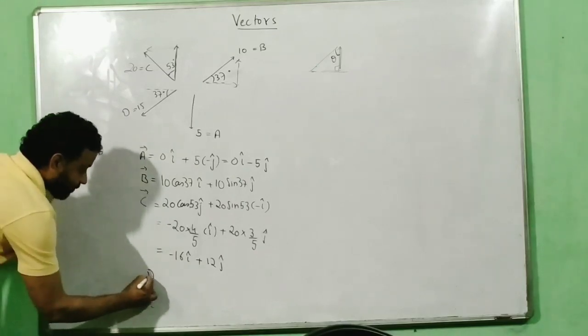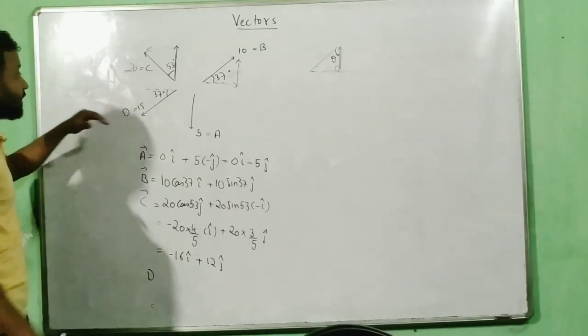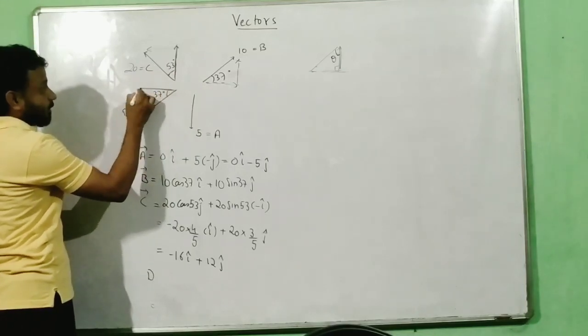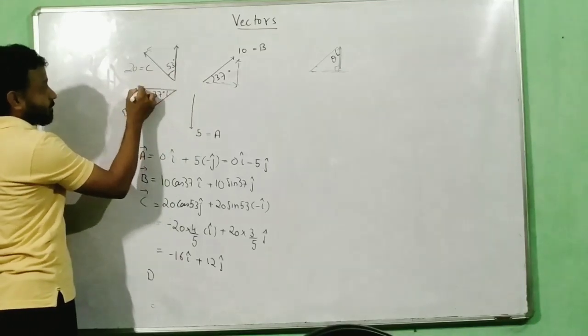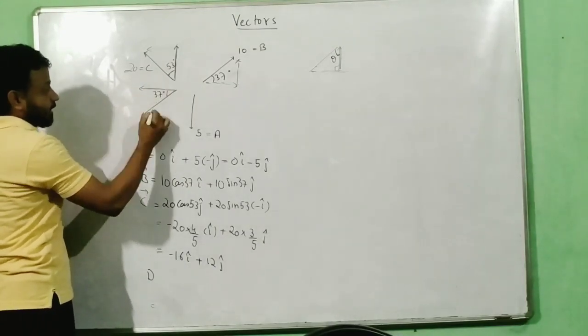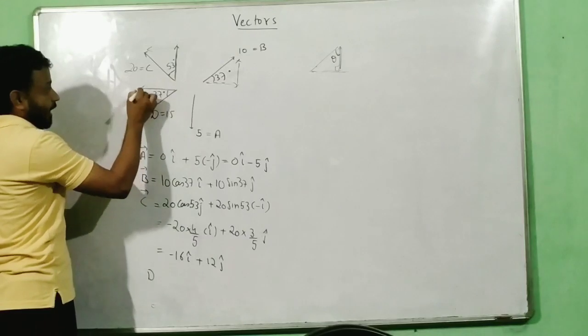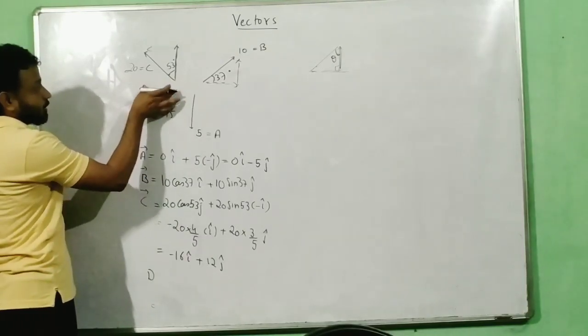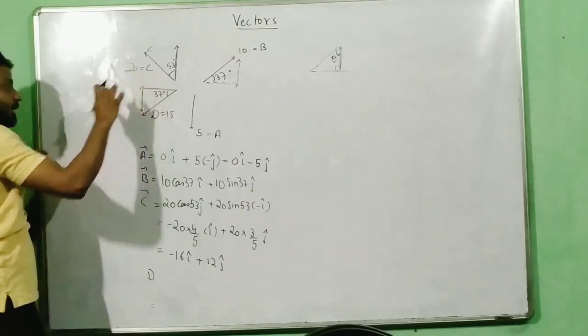What about D? Where is D? This is D. Now in this D, this angle is 37. So if this angle is 37, look at here, this becomes the base, and again right here D equals 15, and this becomes the perpendicular. Okay, so this is D. So this is cos, this is sin.